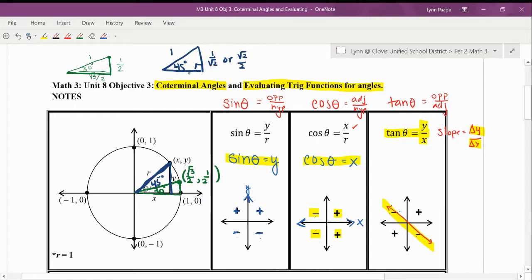And it's isosceles, so this will be the same, right? If I go from the origin, I would go across the same amount as I would go up because it's isosceles. So I would go over 1 over root 2 or root 2 over 2 and up the same amount, right? Because these sides would be exactly the same.